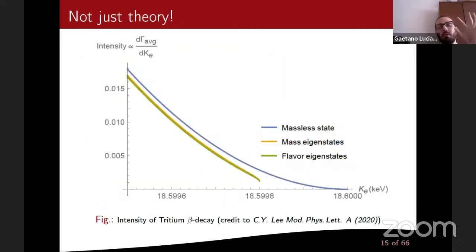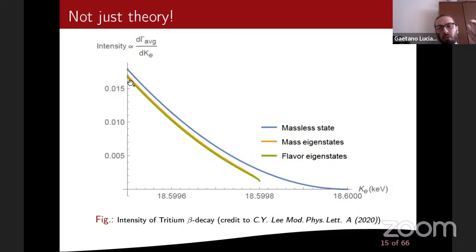Okay, just to try to convince you that this is not only mathematics, not only theory, I show you this plot of the intensity of the tritium beta decay versus the kinetic energy of the emitted electron. You can neglect this blue curve because this is for massless neutrinos, but we know that neutrinos are massive because of the flavor oscillation. You can see that there is the difference between the green curve, which is for flavor eigenstates, and the orange curve, which is for mass eigenstates.